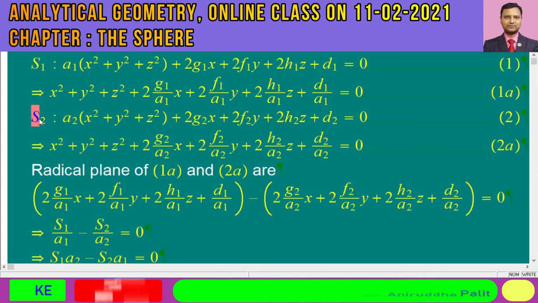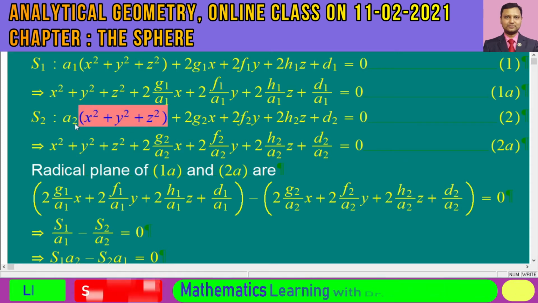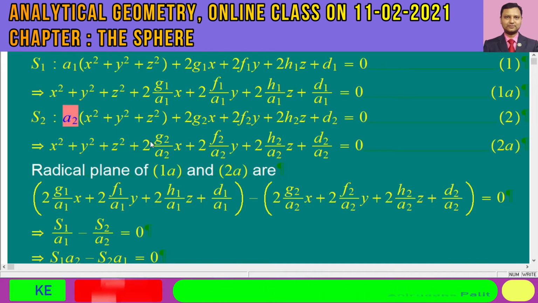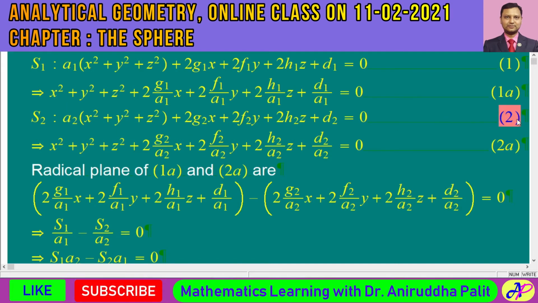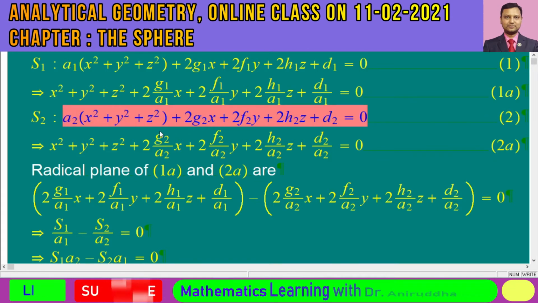And suppose there is another sphere S2 in which the coefficients of x square, y square and z square are the same and equal to a2. And say this is the equation number 2 of the second sphere S2.